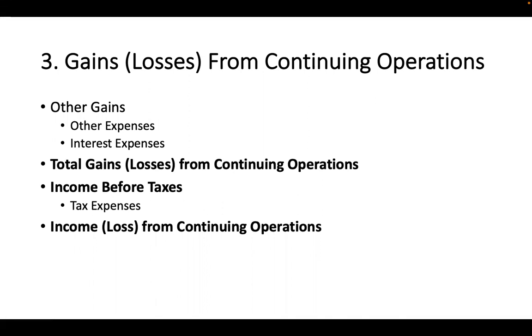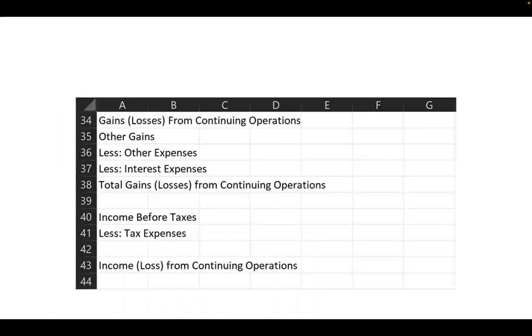Then total gains or losses from continuing operations, income before taxes, then tax expenses, then income from continuing operations. These are the gains from the continuing operations. Other gains, we would subtract other expenses and interest expenses. Then we get total gain or loss from continuing operations, then income before taxes. Then we subtract tax expenses, and income from continuing operations would be the end result of it.